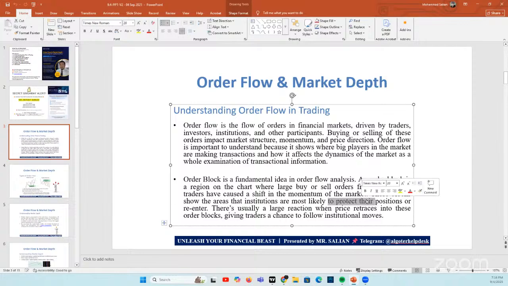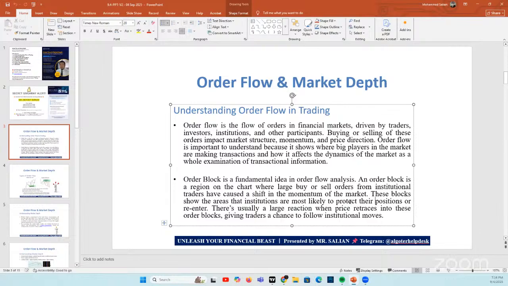To protect their positions. That's why when there's the break of structure, what I'm always telling you, there should be a pullback, right? Because there's a large gap happening, some fair value gaps forming there, where, if it's in an uptrend, sellers were not able to participate in this price area, and that's why price tends to go back there.